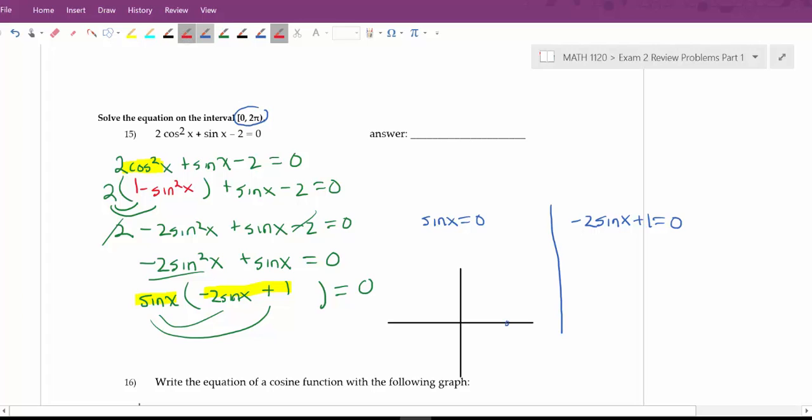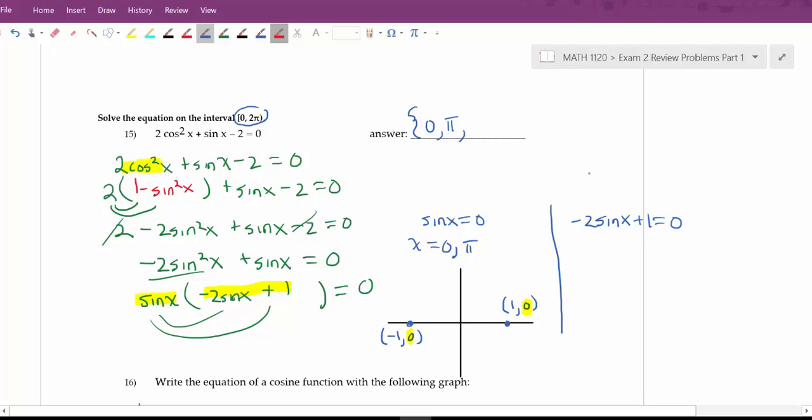Okay, one place that you're going to have a y value equal to 0 is at the point 1, 0, and another place is the point negative 1, 0. Okay, so those will be two places where the sine x equals 0, so that's going to be x equals 0 and pi radians. So those will be two of the answers to the problem: 0 and pi.